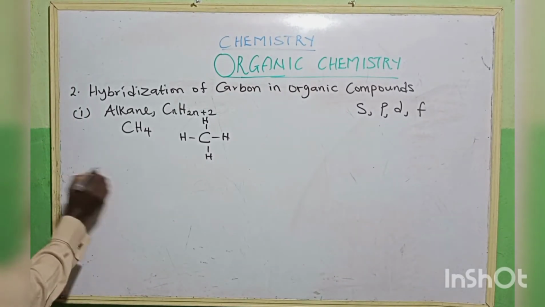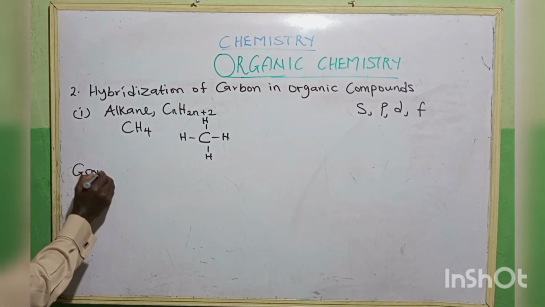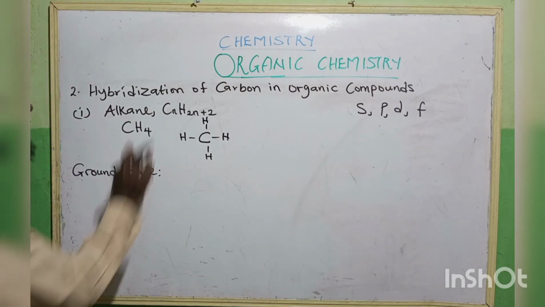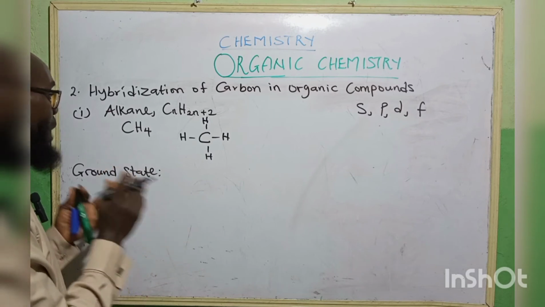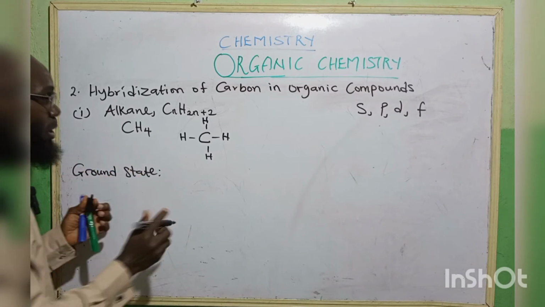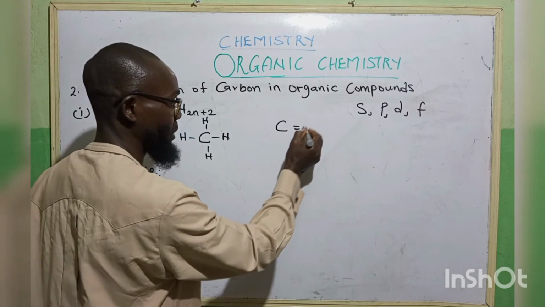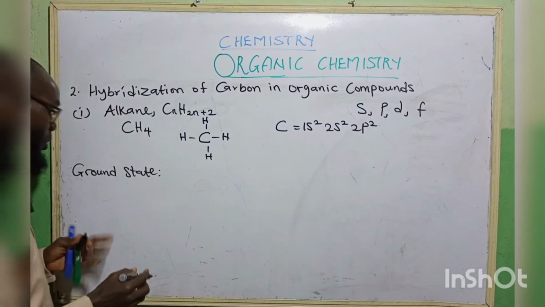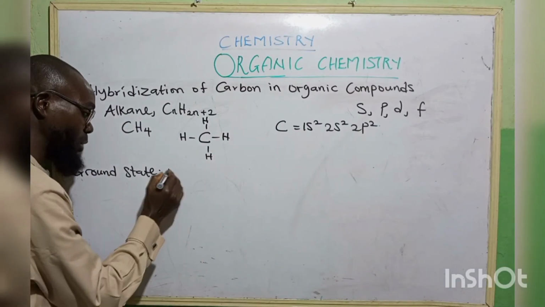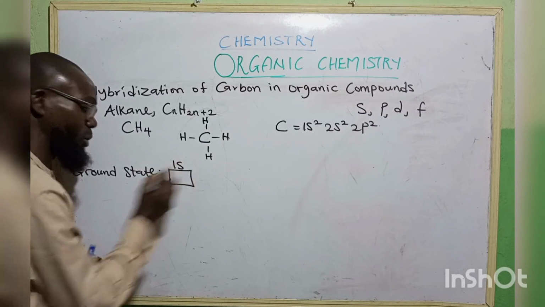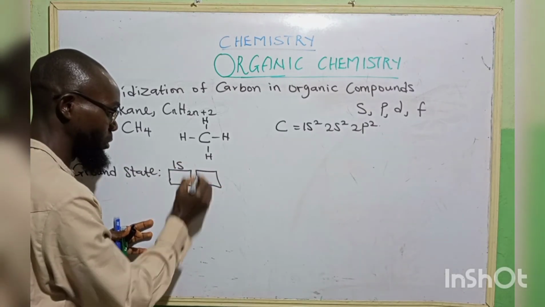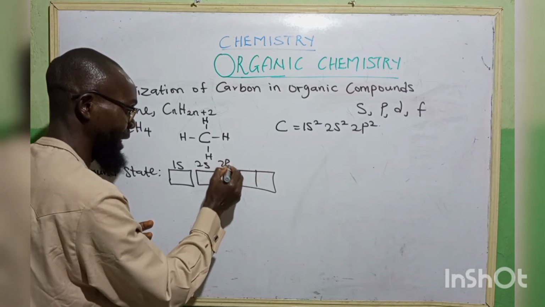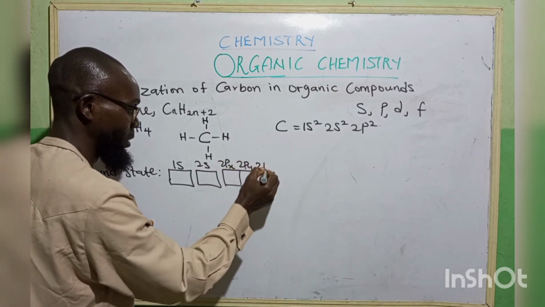So I have the ground state element. If you recall from our electronic configuration of carbon, that gives us 1s2, 2s2, and 2p2. So here I'm going to have 1s2, that is 2 electrons will enter, then 2s2, then 2px, 2py, 2pz.